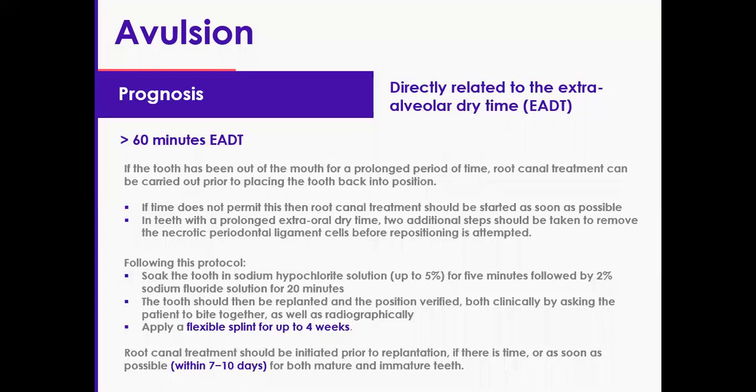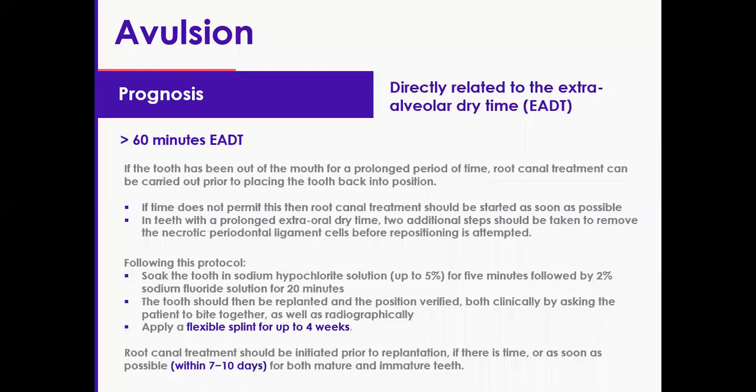So hopefully get the root canal done outside, bleach and sodium fluoride, and then replant, check X-ray, and place a flexible splint for 4 weeks. And as I said, root canal again, either prior to replantation or as soon as possible, up to a week. We say a week to 10 days, but the sooner the better.